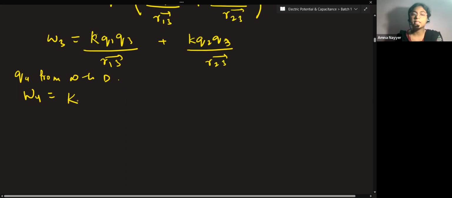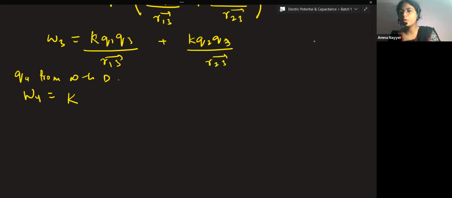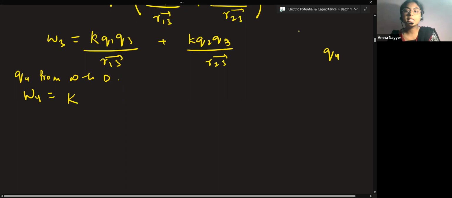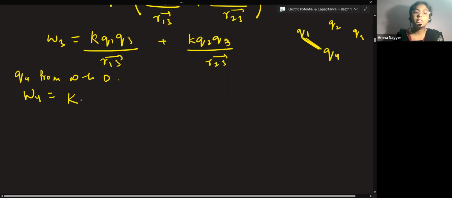See, firstly, just imagine the number of interactions that will occur. If you are talking about Q4, how many charges are already present? Q1 is already there, Q2 is already there, Q3 is already there. It means first potential energy will be generated between Q1 and Q4. So it will be K Q1 Q4 divided by the separation between Q1 and Q4, that is R14.